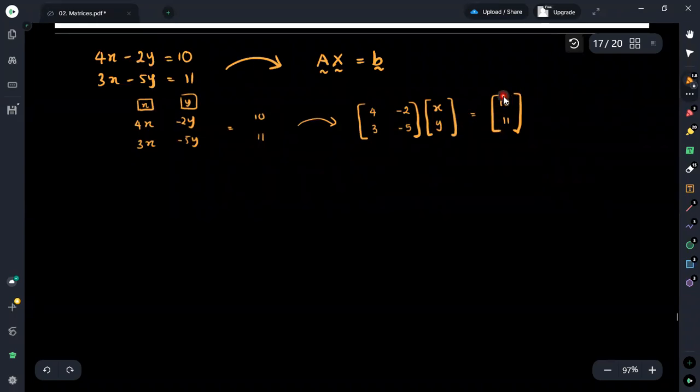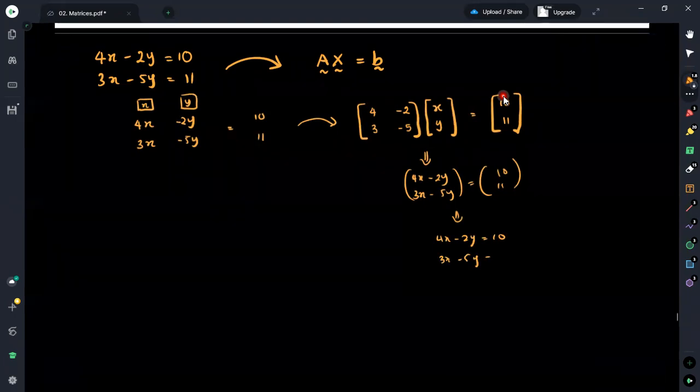Then the second row gives 3x minus 5y, equal to 11. Again we are getting 4x minus 2y equals 10, 3x minus 5y equals 11. This part is not needed for the calculation; I have used it only for confirmation.